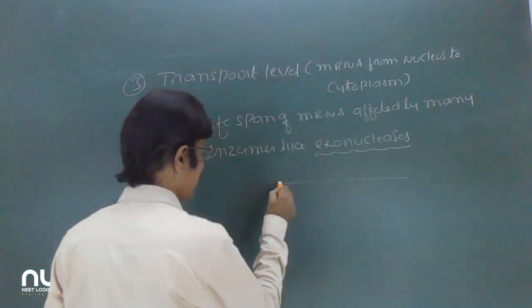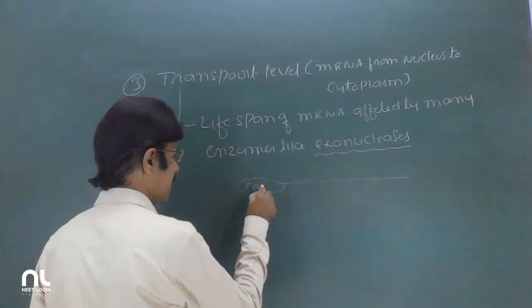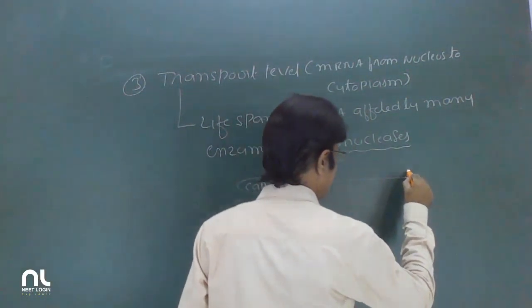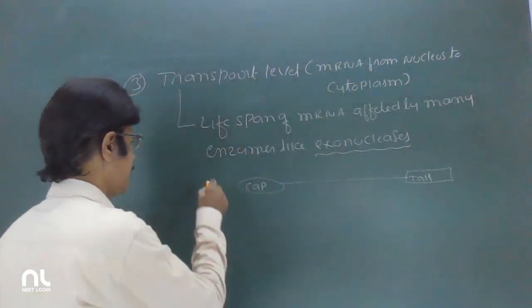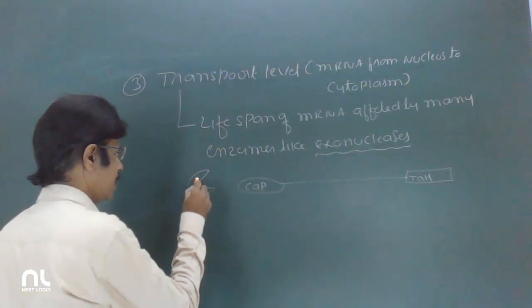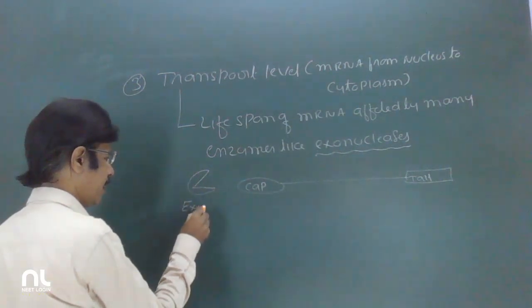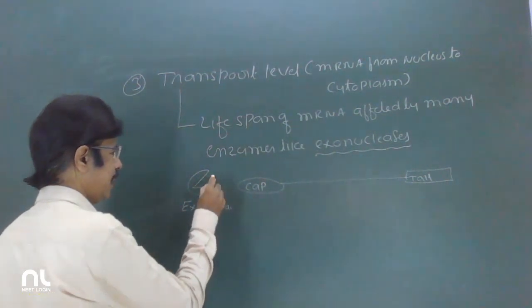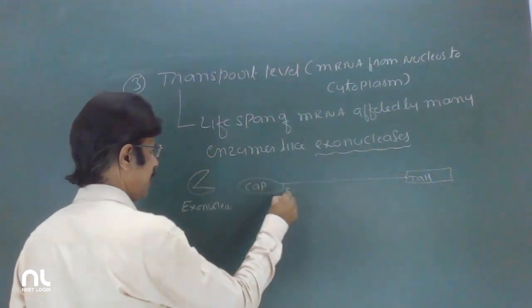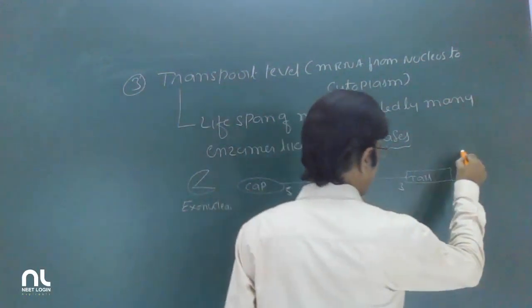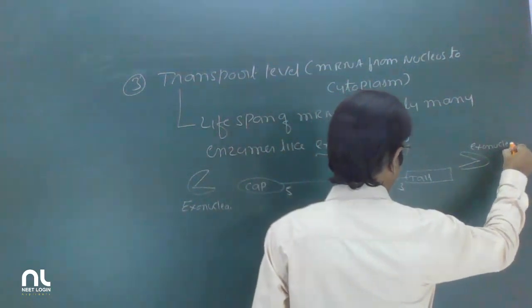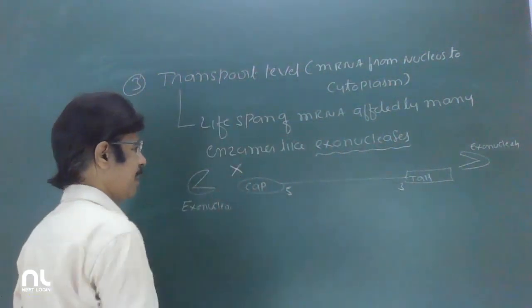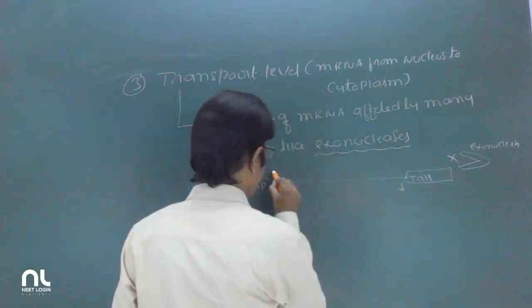Suppose this is mRNA with a cap and a tail. Exonucleases at the 5' end and 3' end are ready to clear the mRNA, but it is prevented from this.